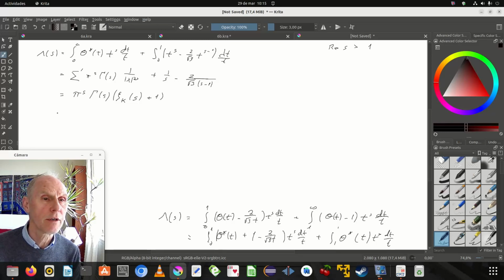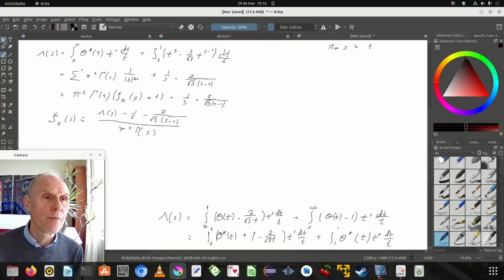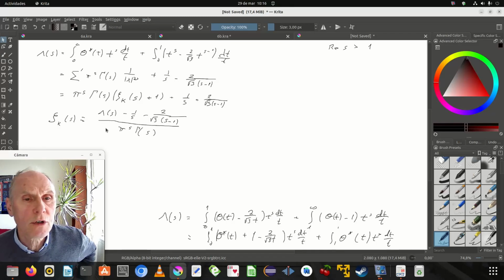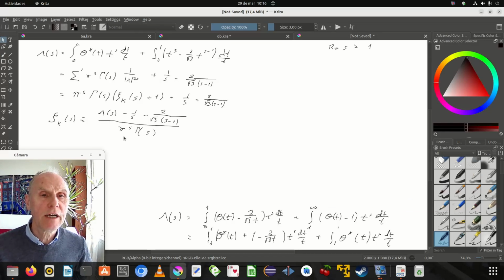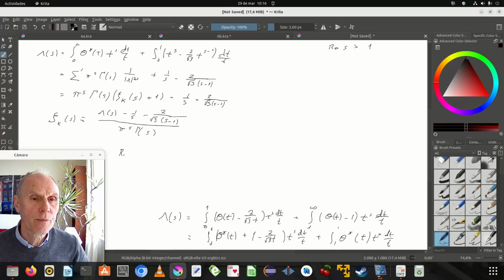And that means that zeta k of s equals, and this being an entire function and 1 divided by gamma being entire, the pole at s equals naught vanishes, so we have a pole at s equals 1 with residue equal to minus 2 divided by square root 3.